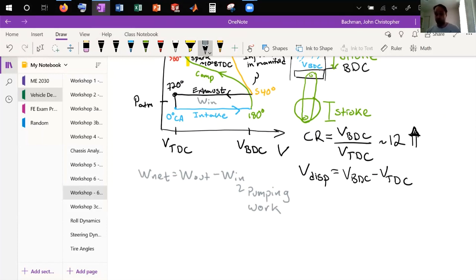So you can flip this if you have some sort of forced induction. So that's one reason to turbo or supercharge your engine. Besides, it'll also just help you get more net work in the net work out portion of the PV diagram as well.